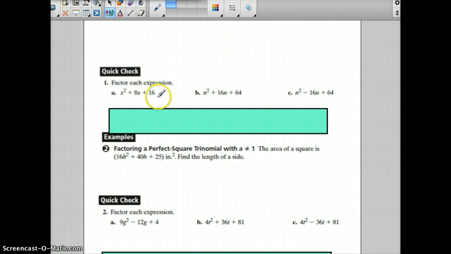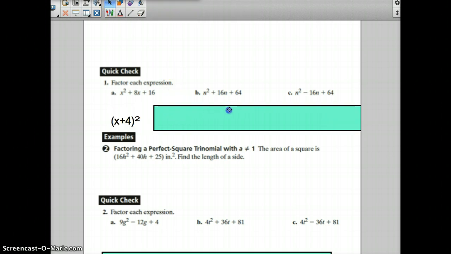But notice how we've got 16 as a perfect square, and the square root of 16 is 4. Is 8 double of 4? Yes, it is. So this perfect square is x plus 4 quantity squared. Notice in our second example, we've got a perfect square of 64 again, and our first term is also a square.